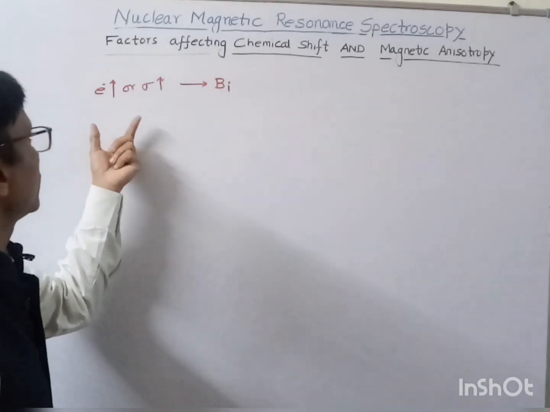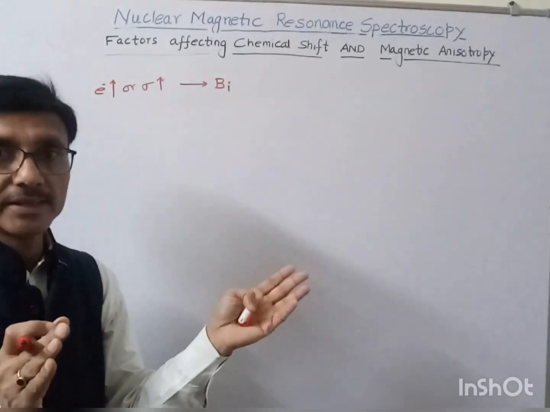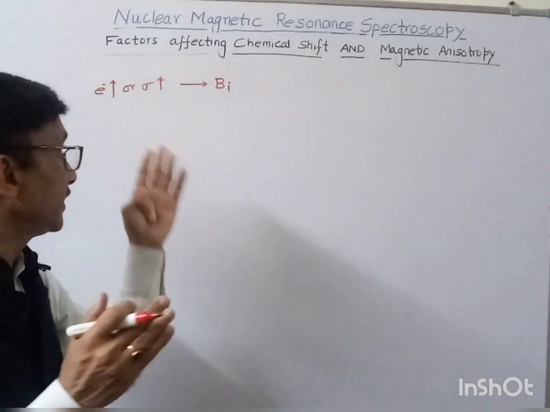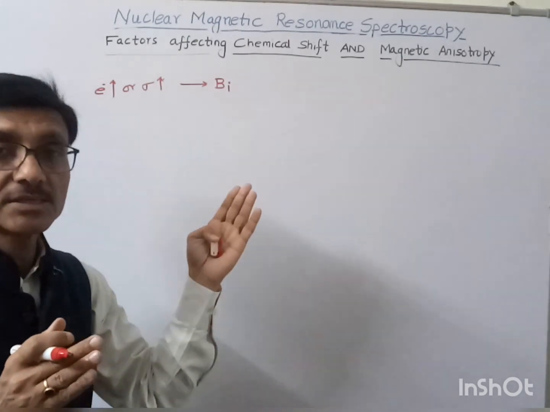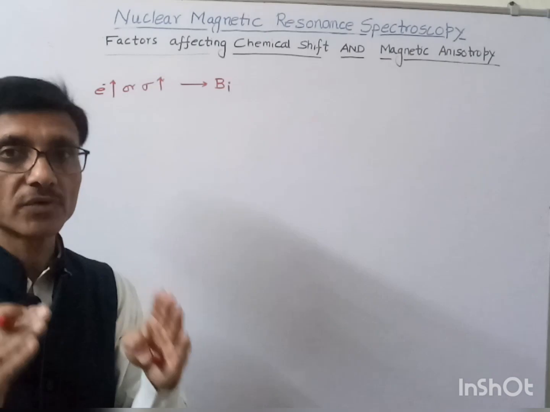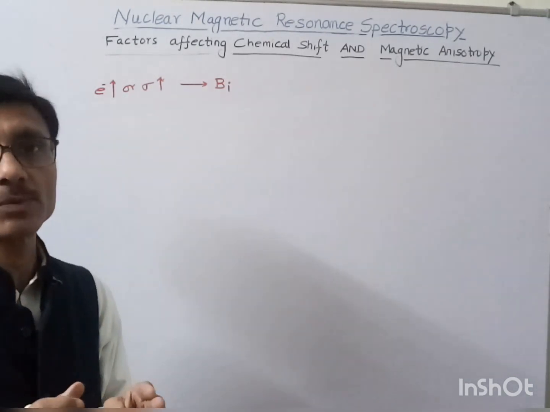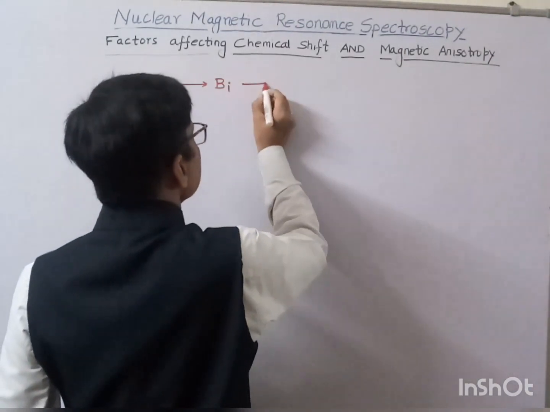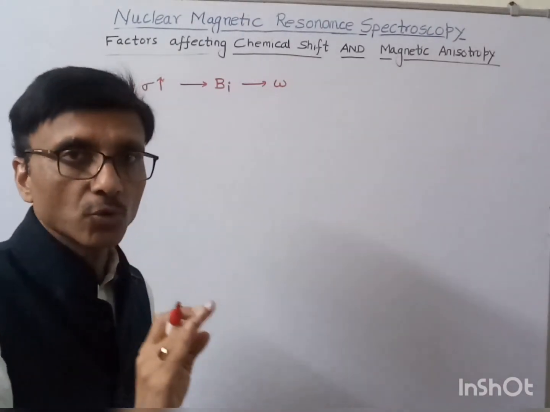Now, if the proton is surrounded by electrons, and shielding increases, and electron density increases, then the proton will resonate at a lower frequency. We can say the precessional frequency of the proton, if I denote it by omega, will decrease.